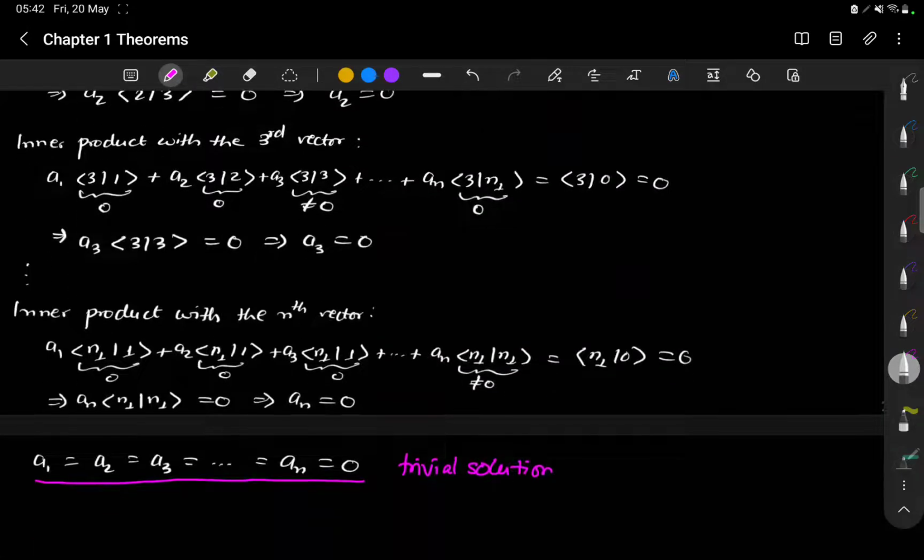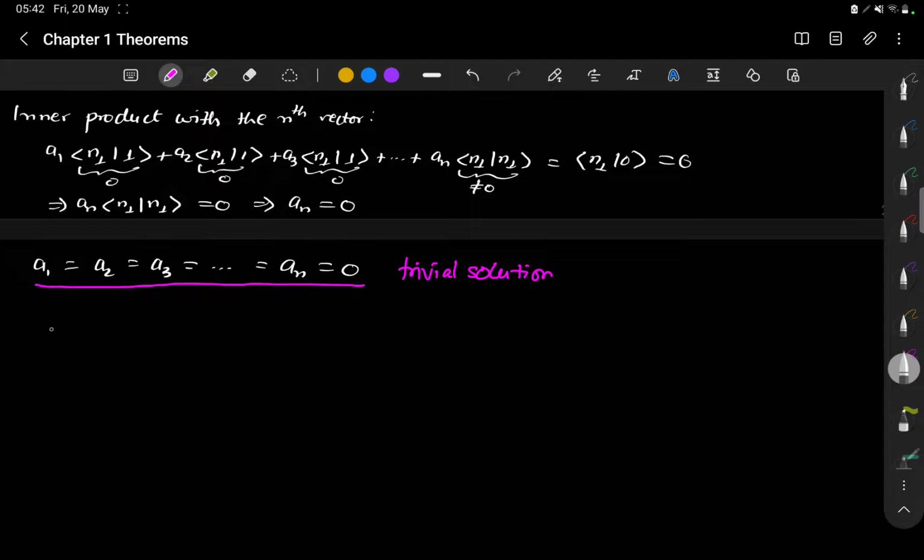So let us write down these statements over here. We have three possible cases.